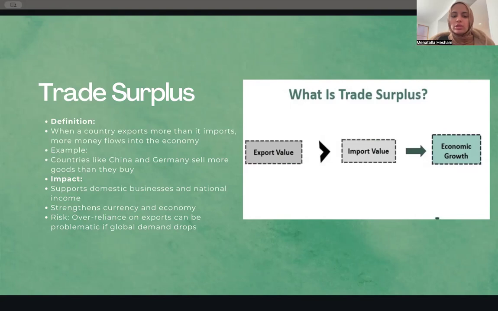Trade surpluses strengthen domestic industries, increase national income, and support economic growth. However, if a country relies too heavily on exports, it becomes vulnerable if global demand declines.